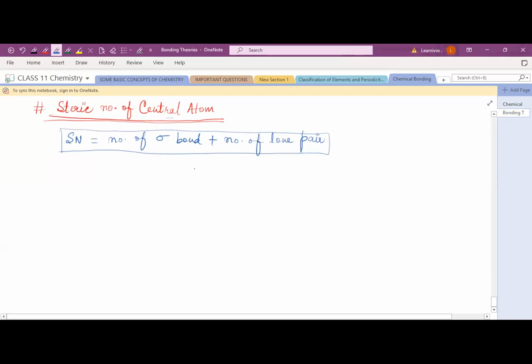Number of sigma bonds plus number of lone pairs. So when you add these two, you will get the steric number, right? And a steric number is equal to 1 upon 2 multiplied by (V plus M minus C plus A). Write down this formula. V plus M minus C plus A.